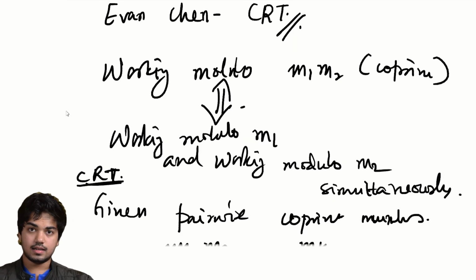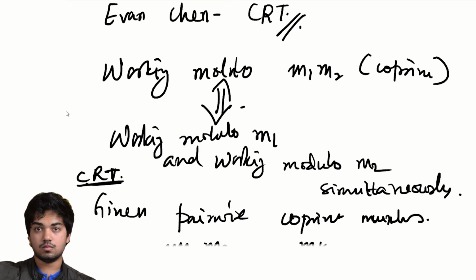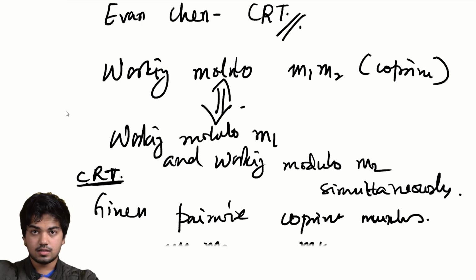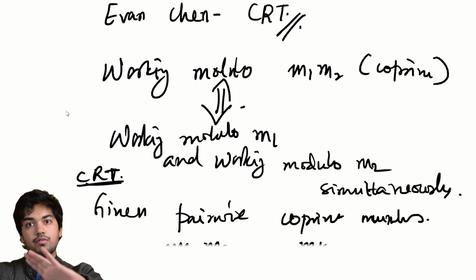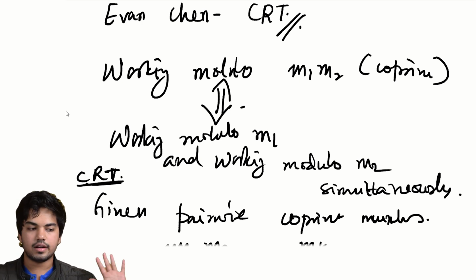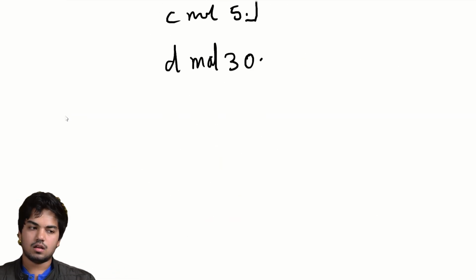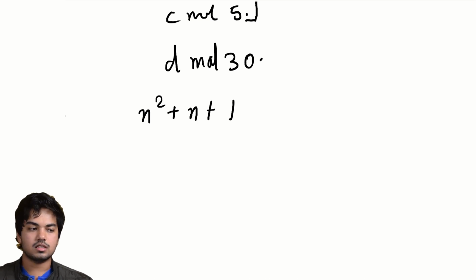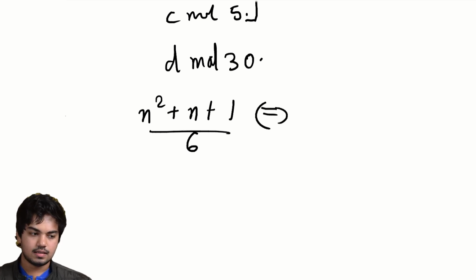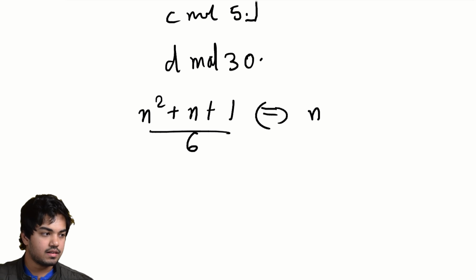And yeah, the idea is that sometimes you want to solve an equation mod, say 28. Solving that equation is the same thing as solving the corresponding equation modulo 4 and modulo 7. Right? If I wanted to find all numbers n such that n squared plus n plus 1 is divisible by 6, you would do the same thing.